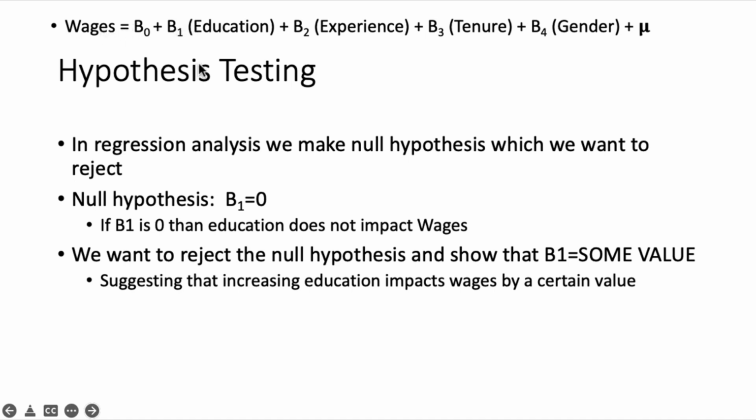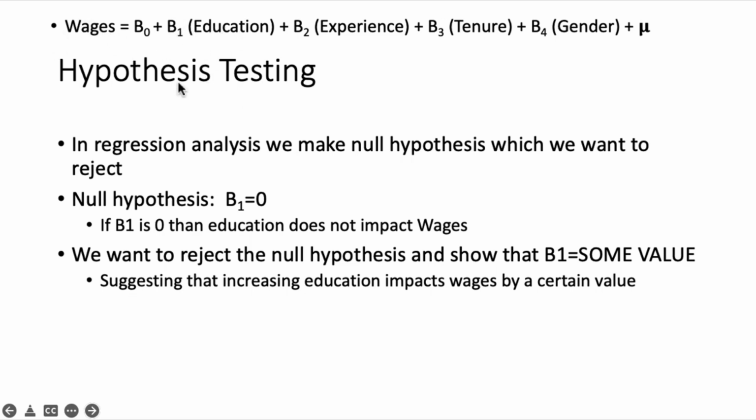So you make a null hypothesis that beta 1 is 0. And then you want to statistically reject this to show that beta 1 is not 0, therefore there is an impact of education on wages. We want to reject the null hypothesis and show that beta 1 is some value, suggesting that increasing education would increase or decrease wages by the value of the beta.